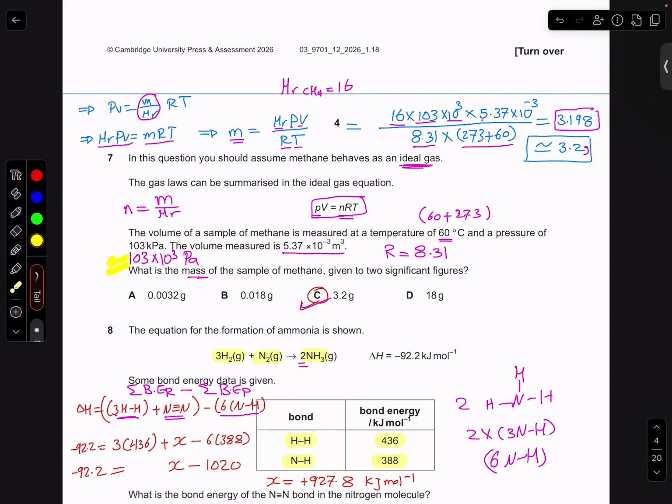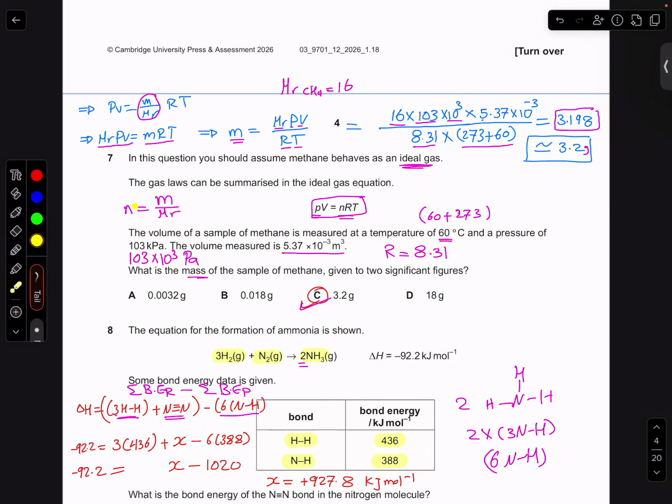We have to convert it into Pascal because it's kilopascal, so 103 times 10 to the power of 3, and the volume is 5.37 times 10 to the power of -3. We have to keep it as it is. And of course, R is 8.31. Find the mass of the sample of methane.